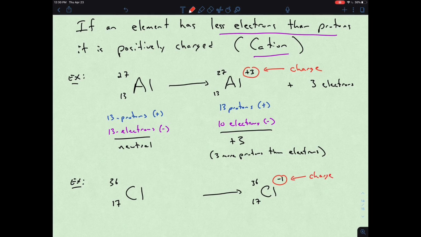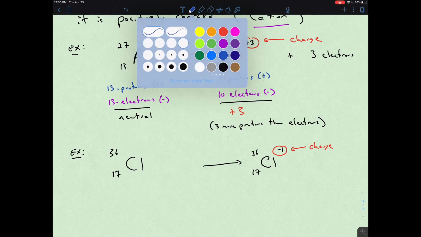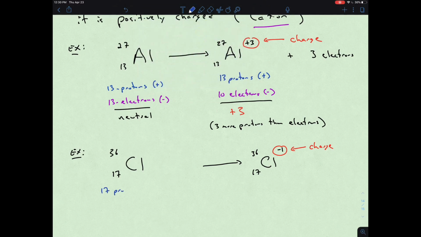Just like we saw above with that idea of charge, we're seeing it here as well. So with the chlorine, we have 17 protons on both sides from that atomic number. We have 17 electrons as far as the starting material is concerned, and that's what gives rise to the neutral element.